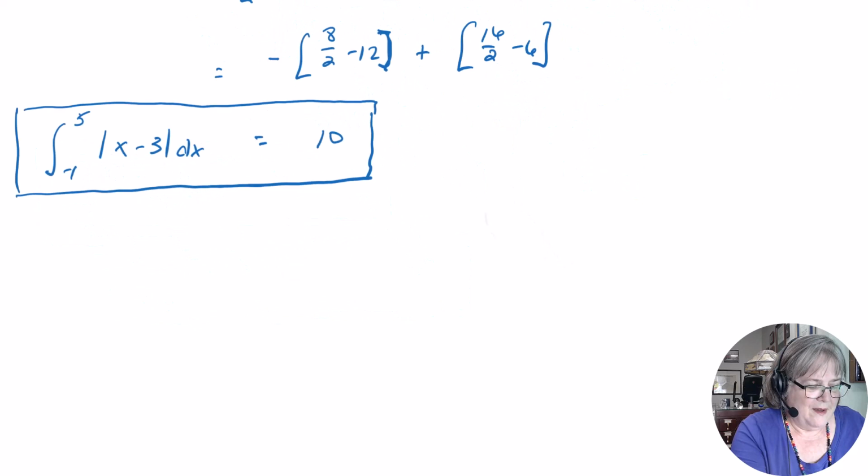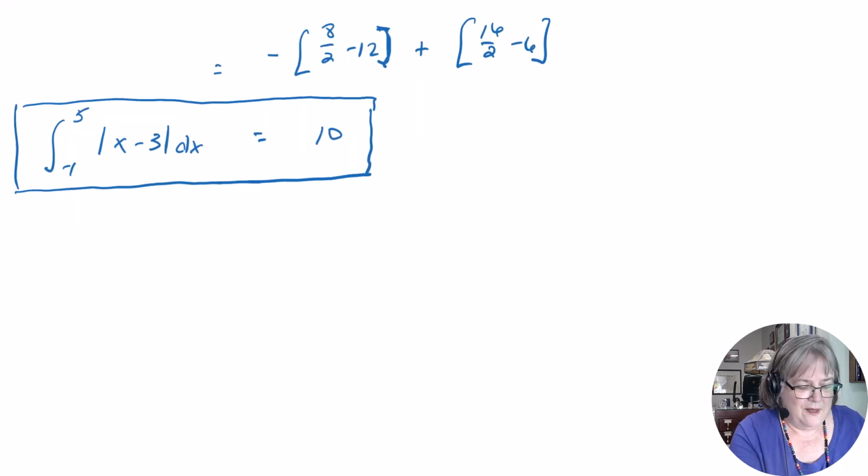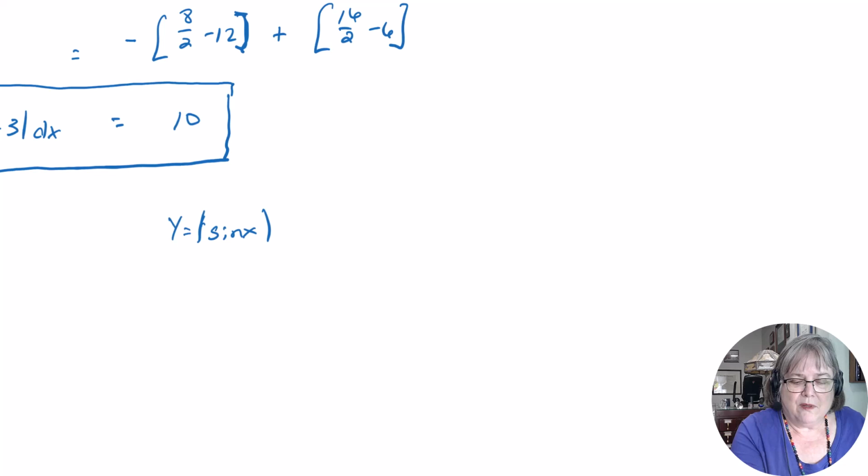Okay. Now, speaking of absolute values, sometimes you don't have to do it quite like that. If you had the absolute value of sine x, for example, it might help you to think about the image of whatever it is you're integrating. Normally sine goes like this.